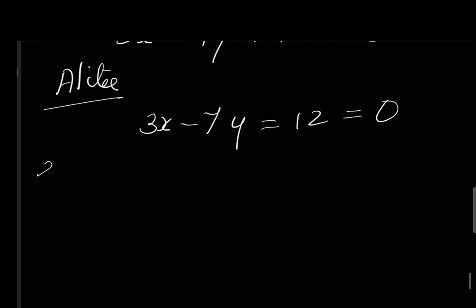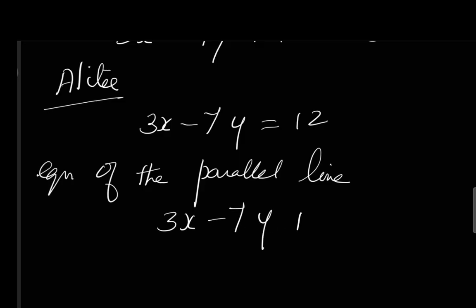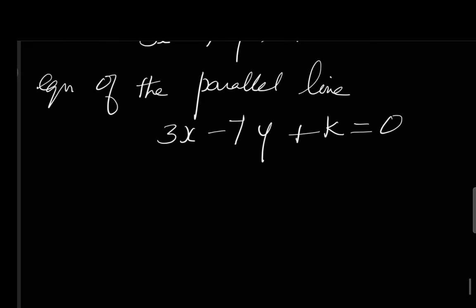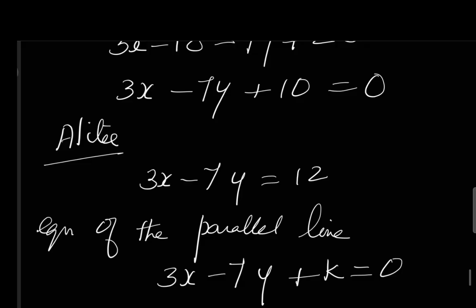So the equation of the parallel line is just 3x minus 7y plus k. They differ only with the constant. So for the equation of two parallel lines, the x coefficient and y coefficient are the same, but they differ only with the constant. You have to find k.